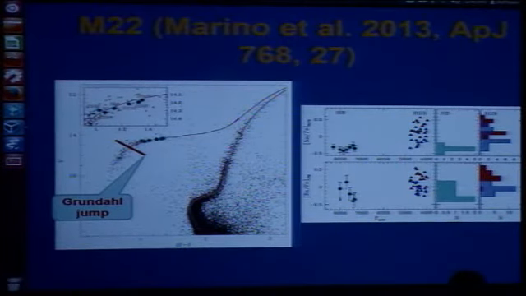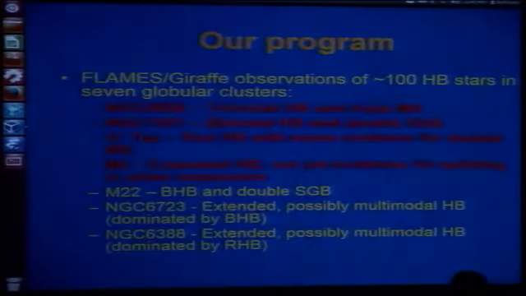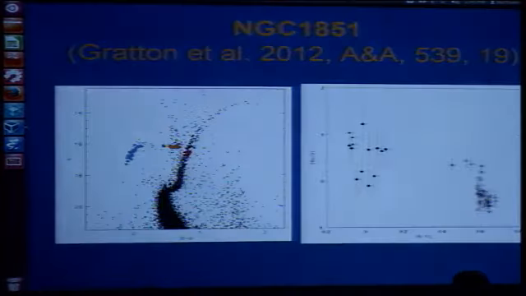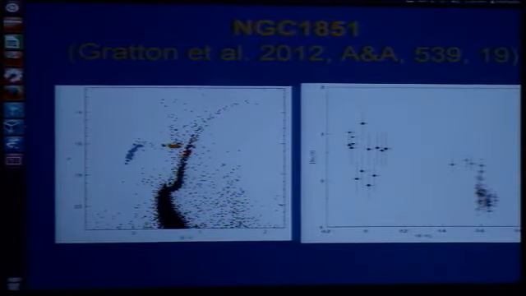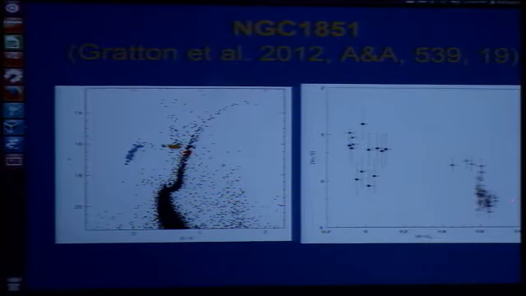Fabiola has also done other papers, in this case M22. We did a number of clusters, and in general, everything confirms this kind of trend. For instance, this is the case of NGC 1851 that I did in 2012. Again, I found that the sodium to oxygen ratio is low, that is high oxygen and low sodium, in the red stars, and it is high in the bluer stars.